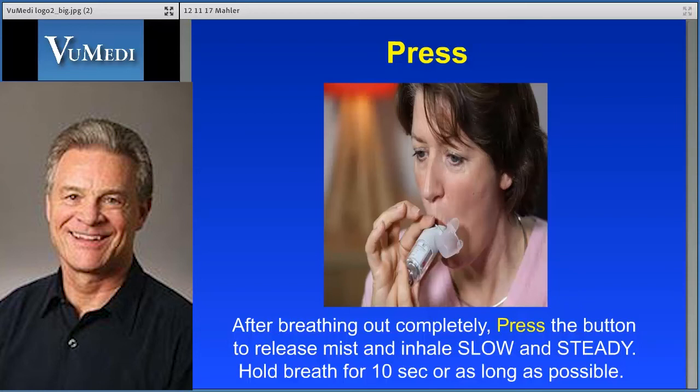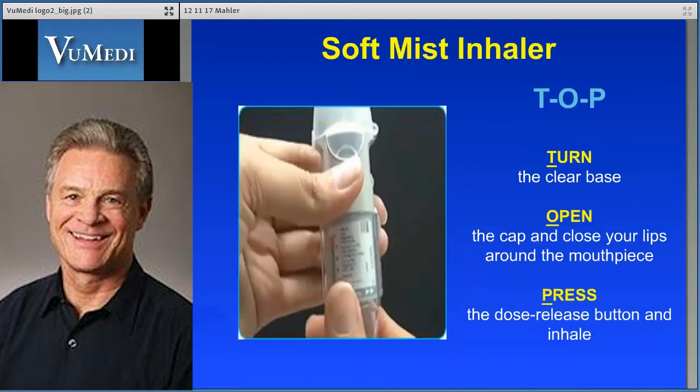After the device has been primed, to use it correctly after turning and opening, the individual should breathe out completely, press the button to release the mist, and inhale slow and steady. Hold the breath for 10 seconds or for as long as possible. Many of the soft mist inhalers require a second inhalation.